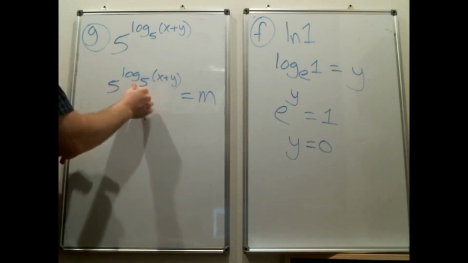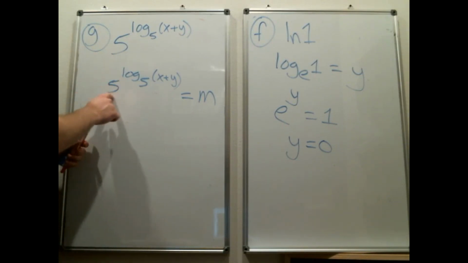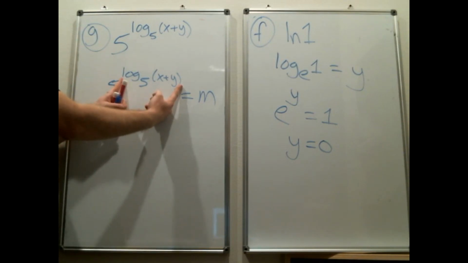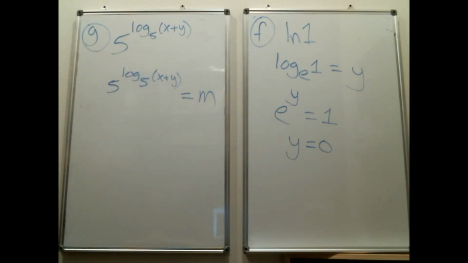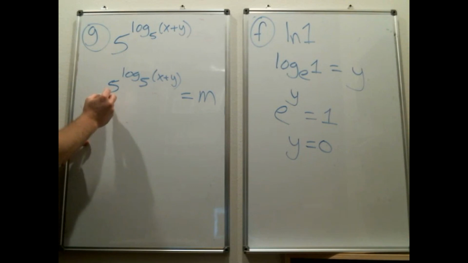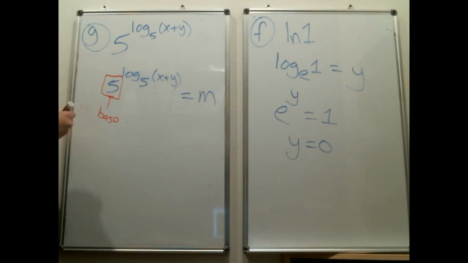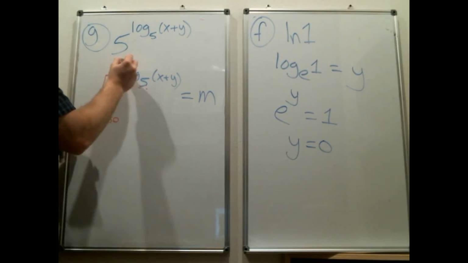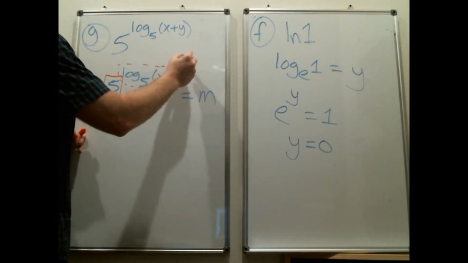So what happens is, we're in exponential form. This is the base. This log base 5 of x plus y is the exponent. And this m is what's left over. So let's label. This 5 is the base. And then this is your exponent.